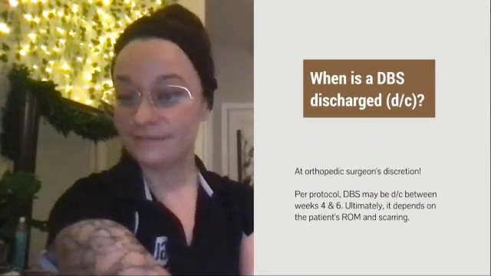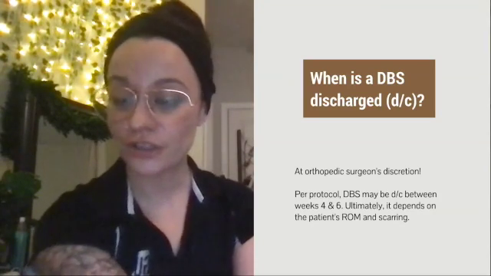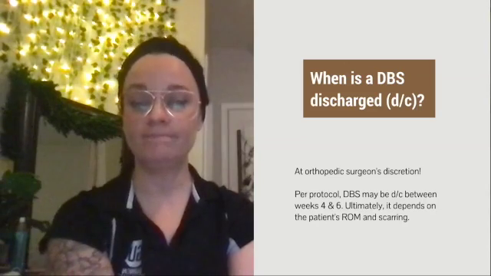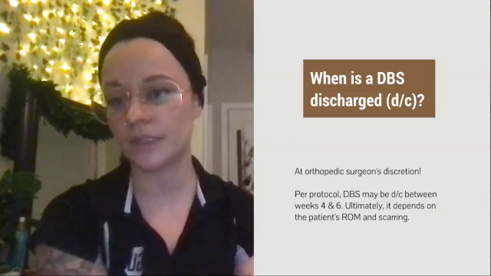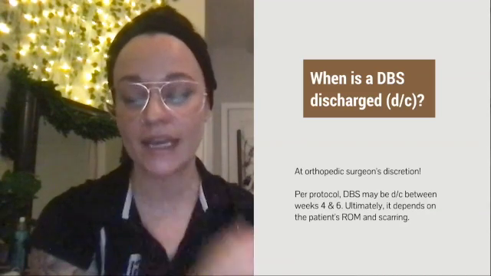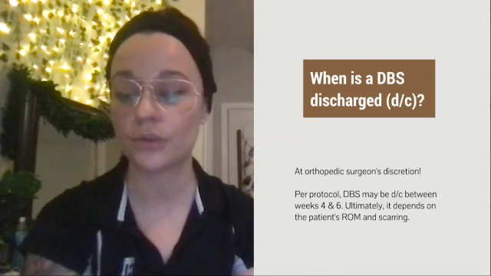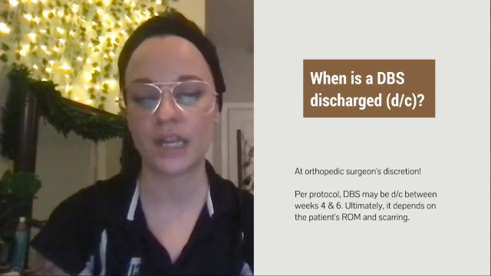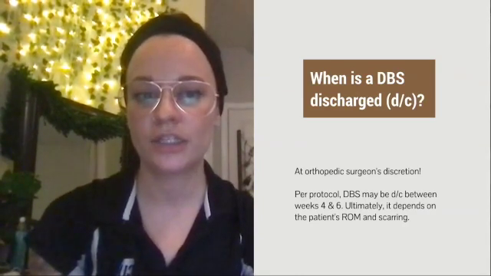Okay, when is a dorsal blocking splint discharged? Whenever the orthopedic surgeon tells you to, or tells the patient to, essentially. Typically, that is in weeks 4 to 6, sometime between there. But ultimately, it depends on the patient's range of motion and scarring.